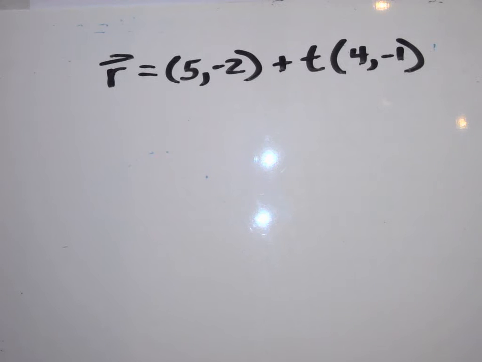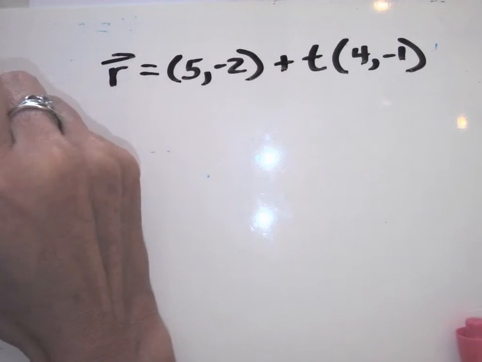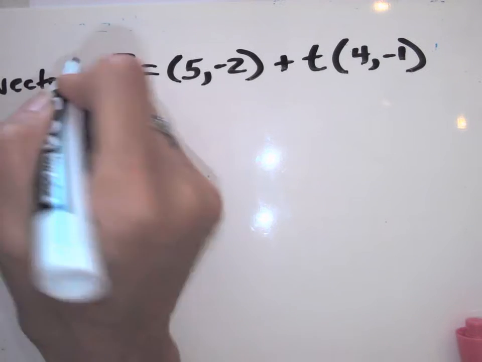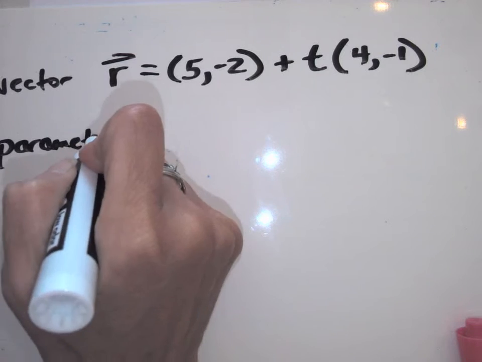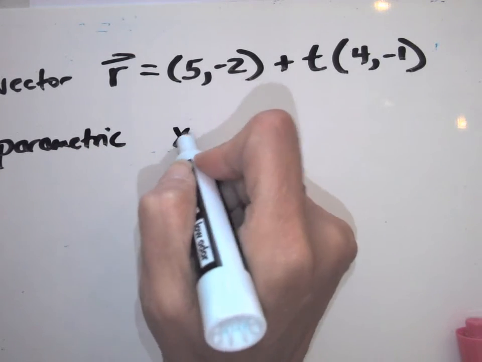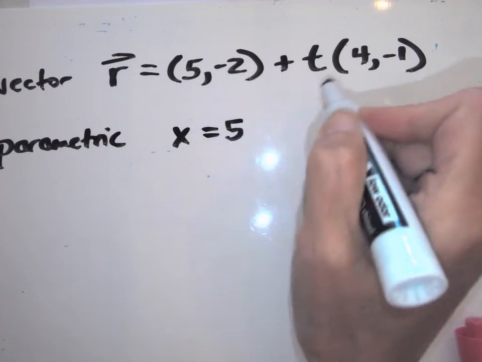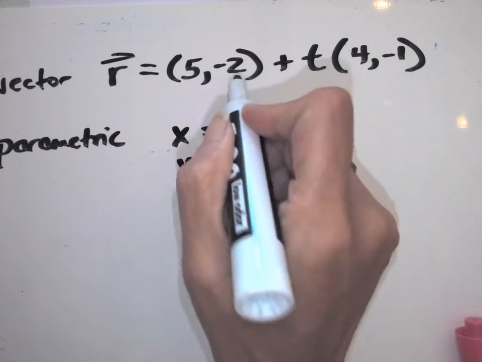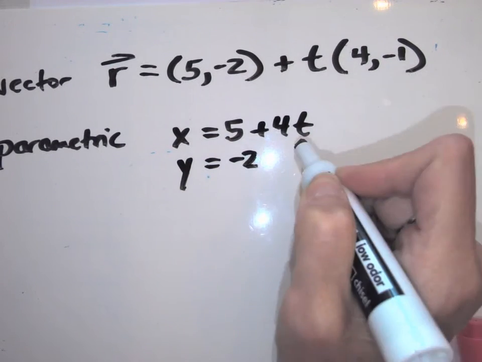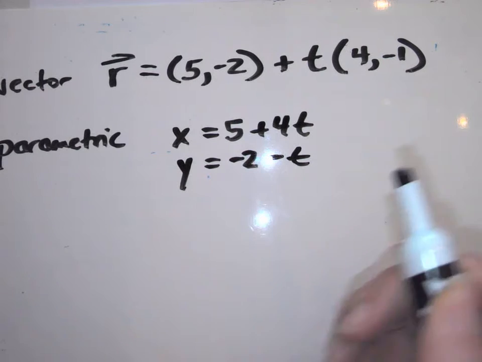Then the parametric equations. So this is vector, parametric, are going to be x equals 5 plus 4t and y equals -2, t times -1 is -t.